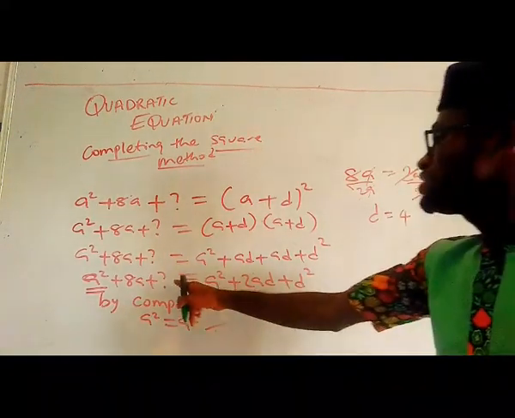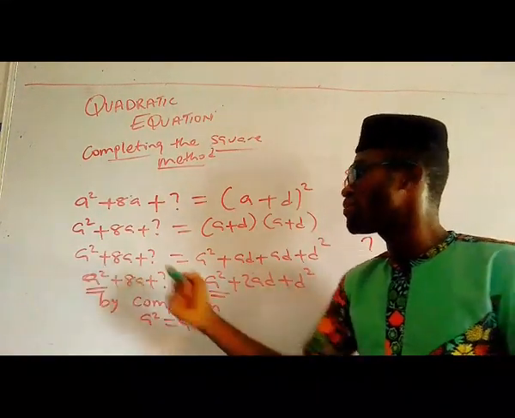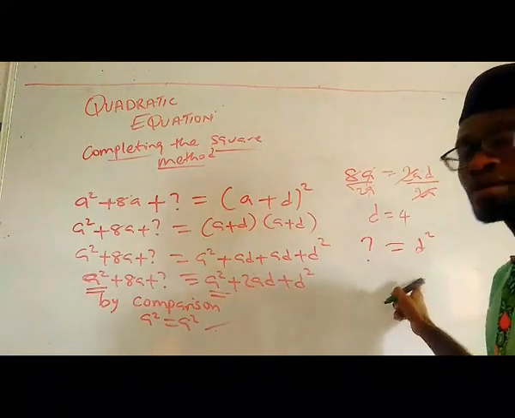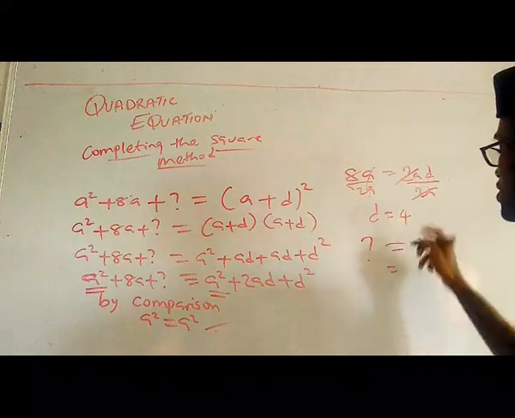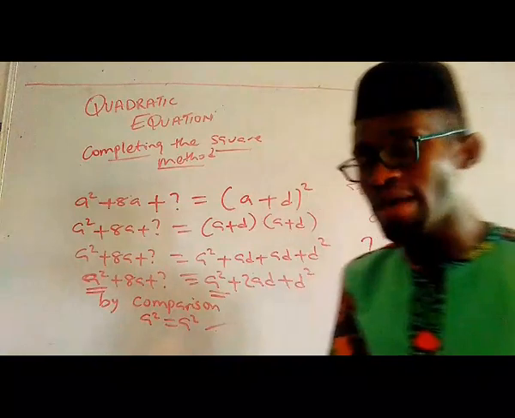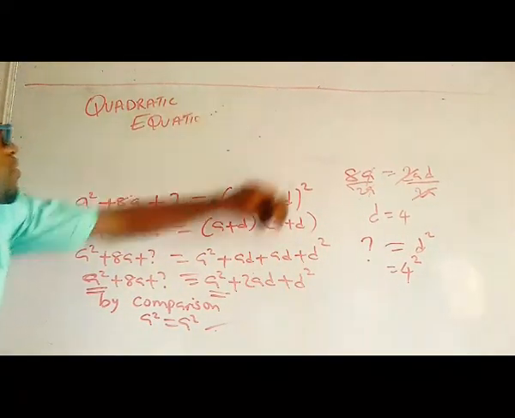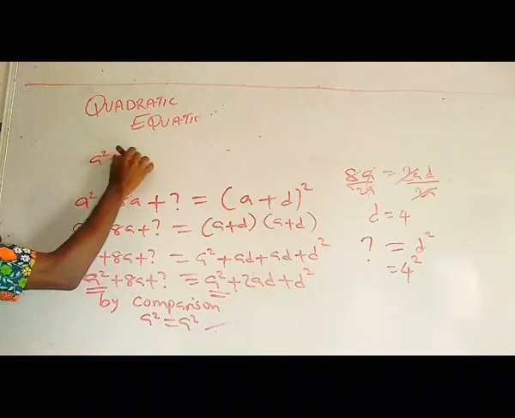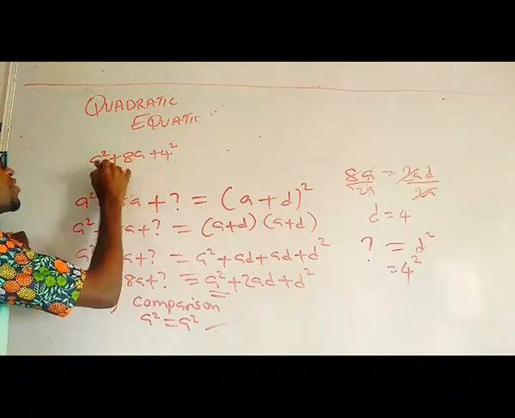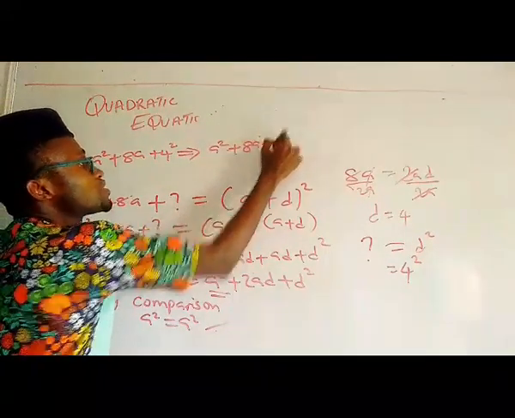Now what it means is that this D is 4. Now this question mark that we wanted to add to this to make it a perfect square is actually the same as D squared. Now what is our D squared? Our D is 4, so 4 squared. So for us to make this a perfect square, A squared plus 8A has to be added with 4 squared, which is going to give us A squared plus 8A plus 16.